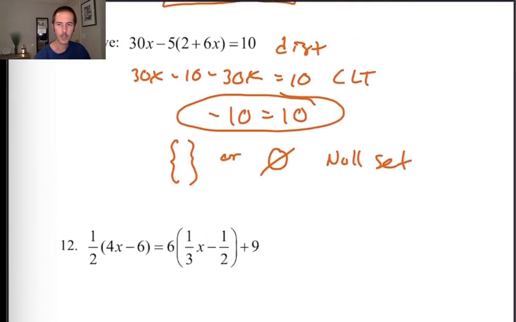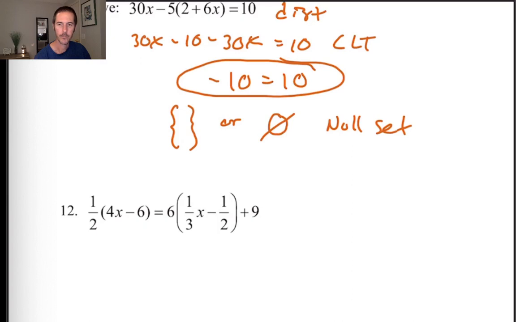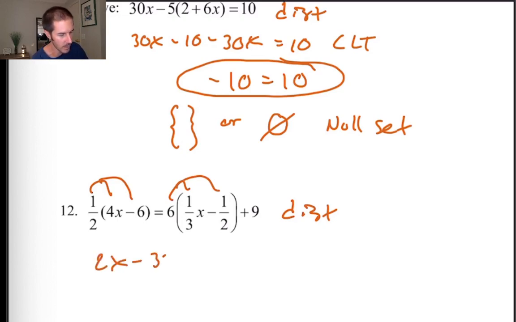The last problem in here, let's do it real quick. Let's distribute multiplication by 1/2 to these two terms. We'll distribute multiplication by 6 to these two terms. That gives me 2x minus 3 equals 2x minus 3 plus 9.